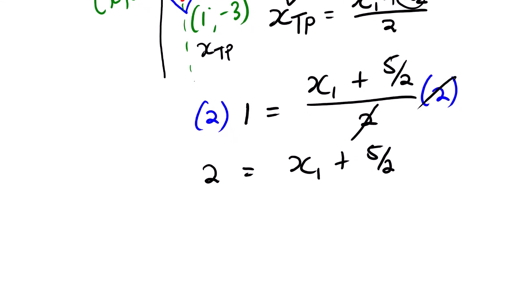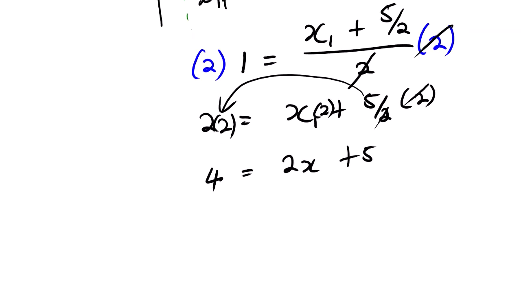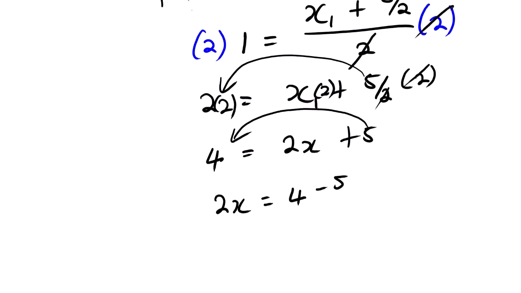From here we can transpose this to the other side, or we can continue multiplying by the number causing the fraction. So multiplying both sides by 2, this will get rid of this, and then we have 2 multiplied by 2, it's 4, equals 2x plus 5. Transpose this to the other side, we have 2x equals 4 minus 5.